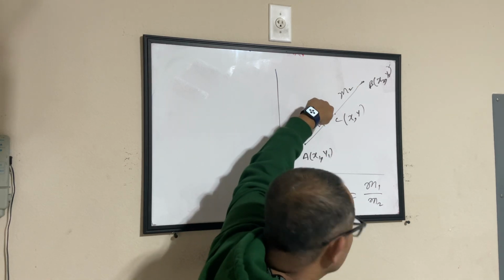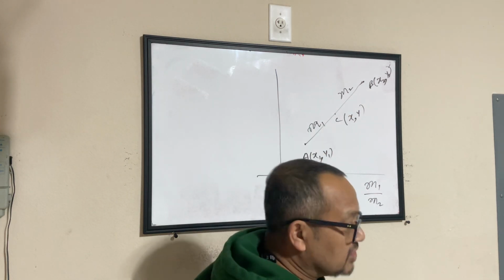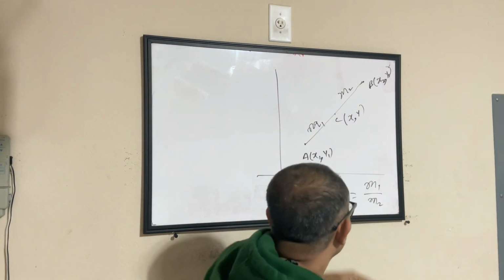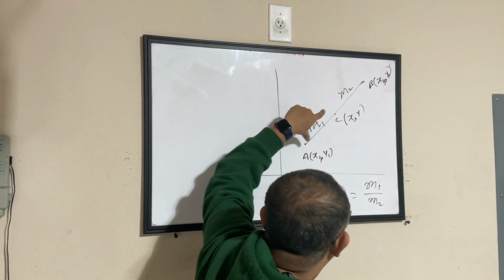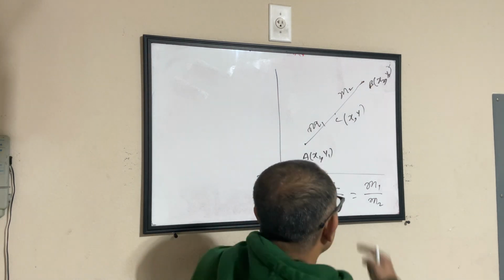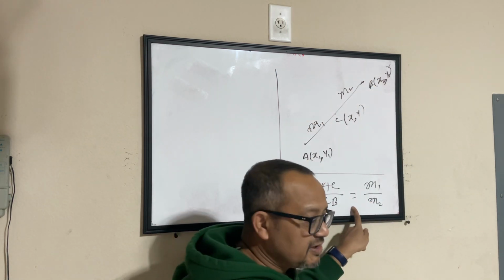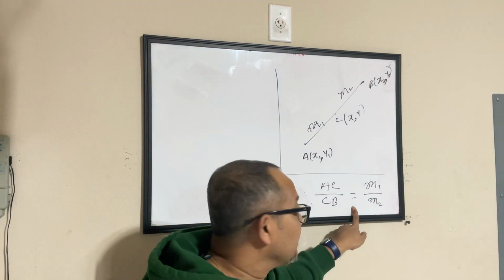Find a point C on this line segment AB such that this point C divides this line in the ratio m1 is to m2. Meaning here to here, by here to here, is m1 by m2. That's what I have written here. That's what we are trying to find out.